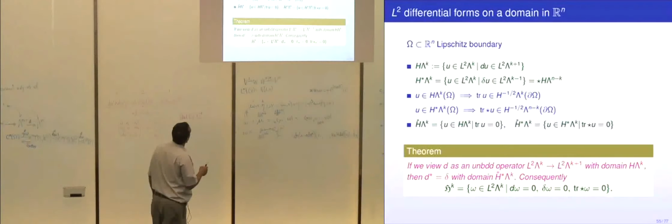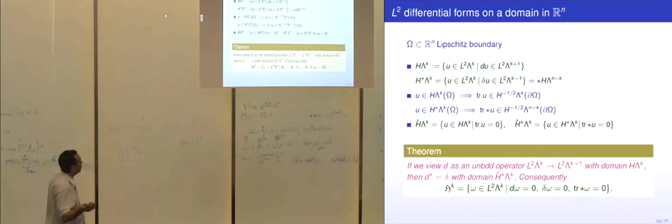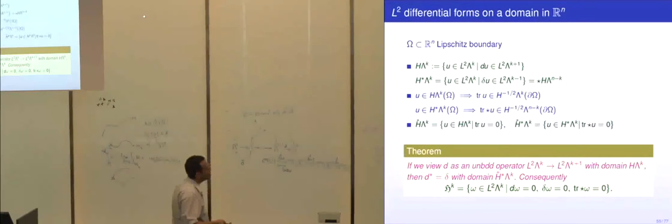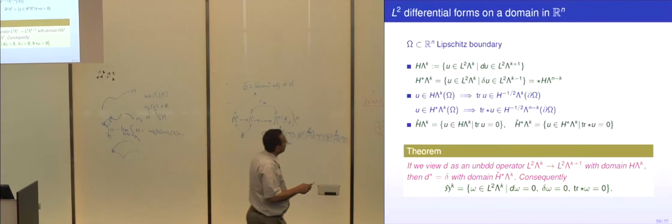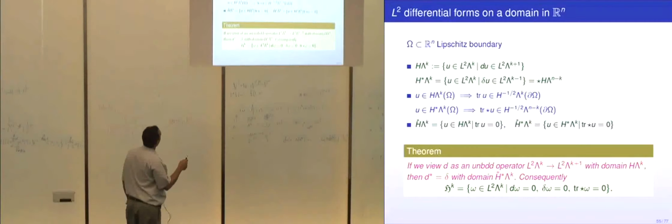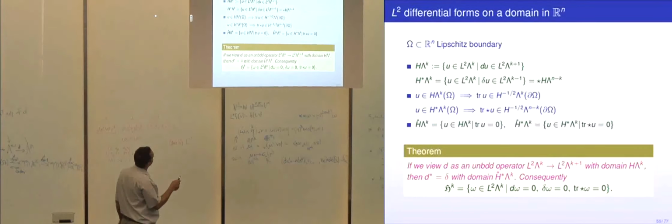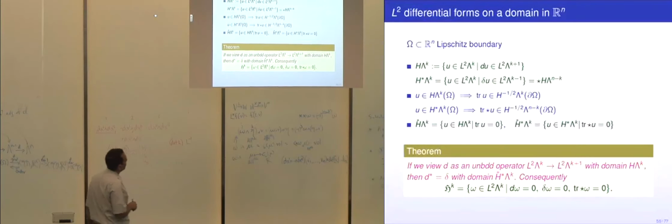That requires a Lipschitz boundary, because even to have a trace of an H1 function, you need to have a nice boundary. Of course, similarly, absolutely analogously, if you have something in H star lambda k, then star u has a trace in H minus a half of lambda n minus k.